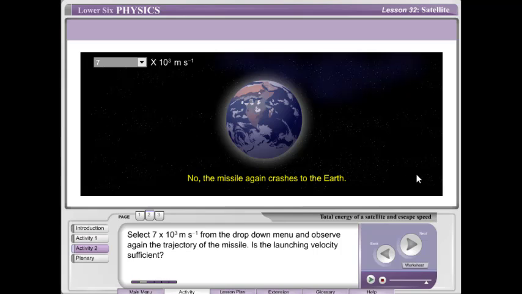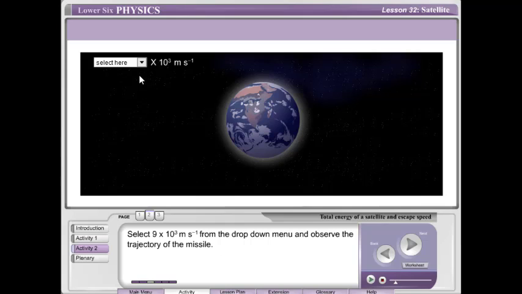No. The missile again crashes to the Earth. Select 9 times 10 to the power 3 meter per second from the drop-down menu and observe the trajectory of the missile. The missile moves in an elliptical orbit.